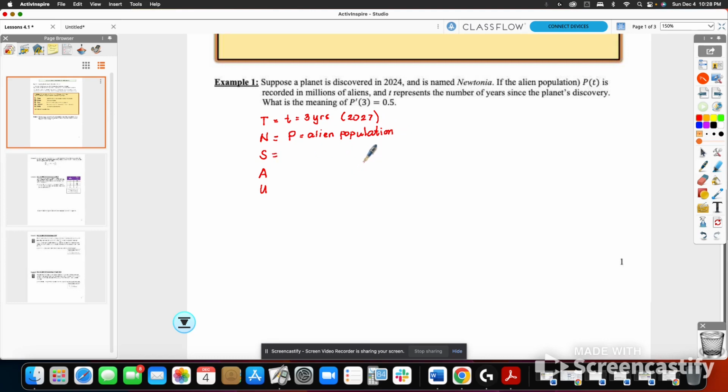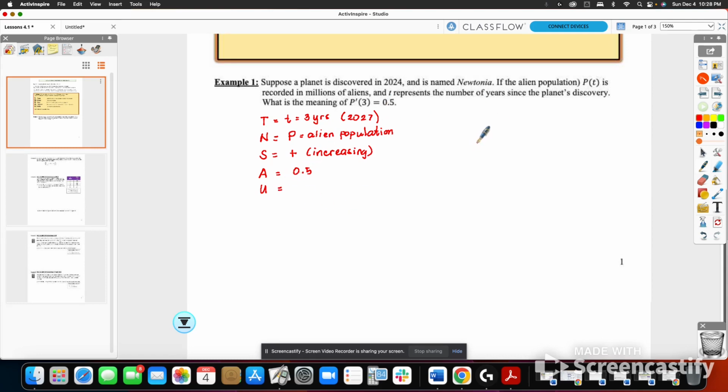S is the sign. So what's the sign of the answer? Your answer is 0.5. So that means it's positive, which means that it is increasing. Now, A is the answer, which is in this case 0.5. That's the value of the derivative. And U is the units.